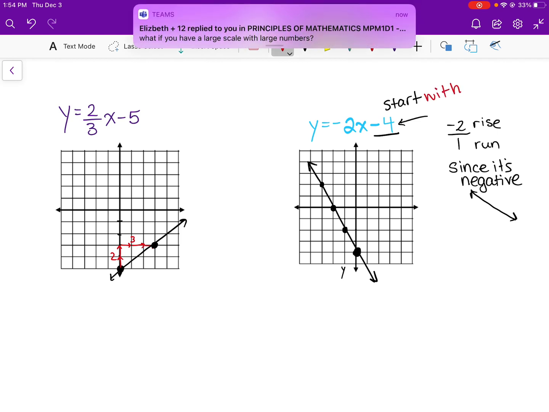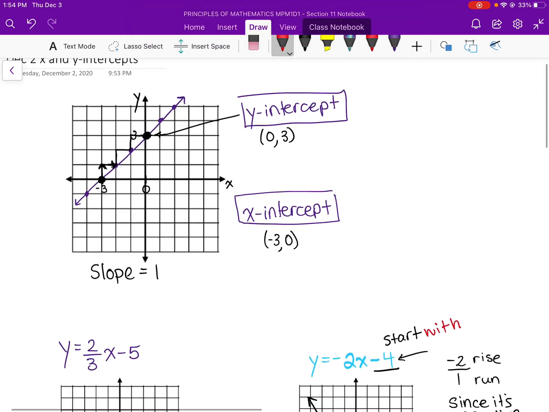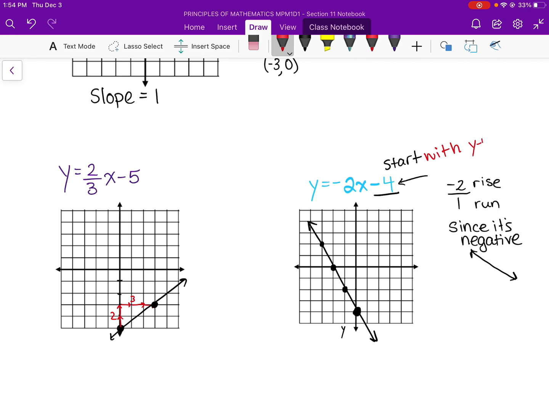What if you have a large scale with large numbers? Do you mean like, would you still be using all 4 quadrants? Can you give me an example of an equation? Are you saying like, what if you had to plot y equals 100x plus 200?